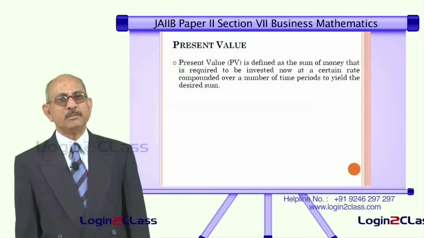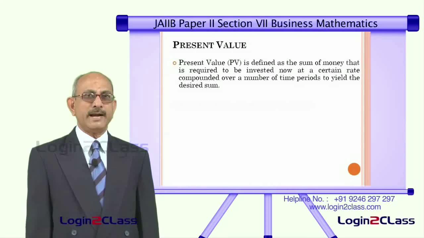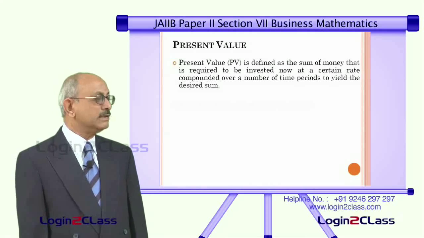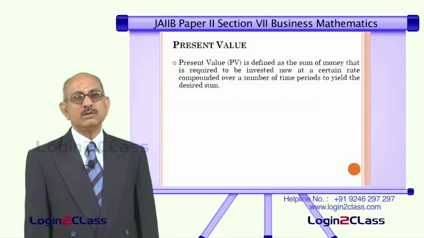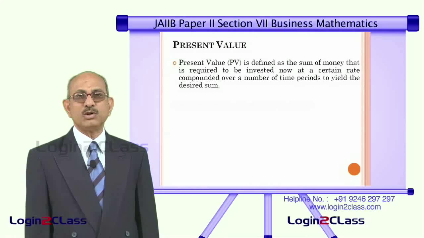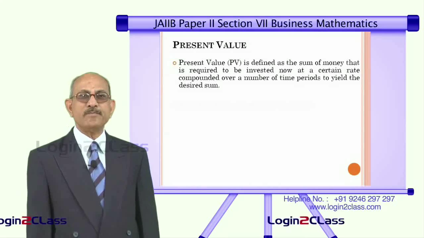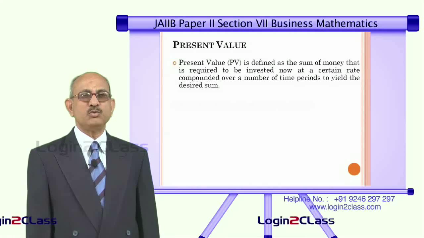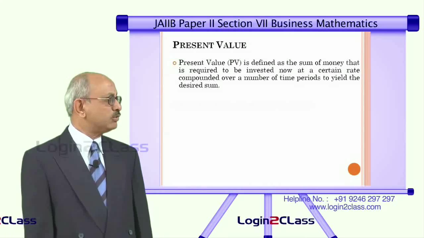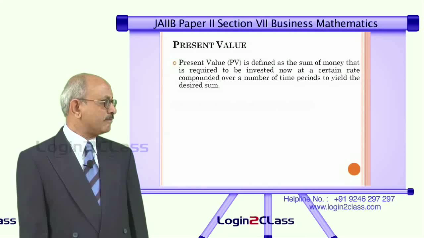Only like things can be added or subtracted, and therefore, if cash flows have to be added or subtracted, they have to be converted to the same denomination. That means, if you want to add cash flows occurring at different points in time, you have to convert them to values as on a particular date. Therefore, if you are getting cash flows at a future date, you need to convert them to present values.